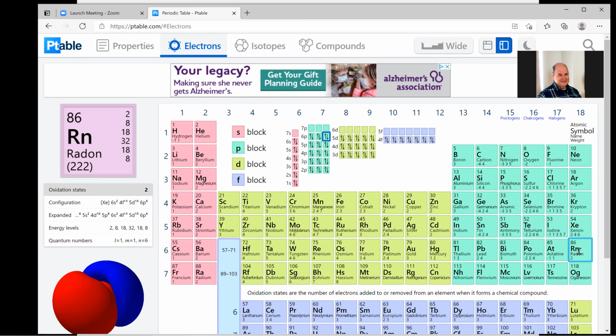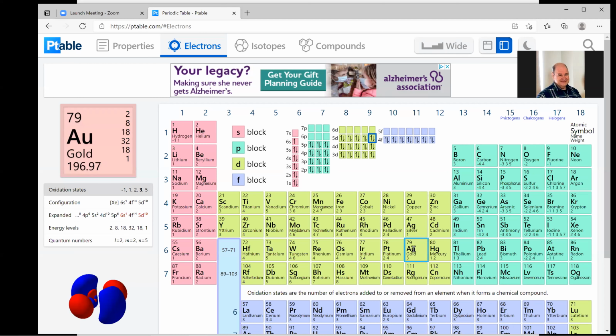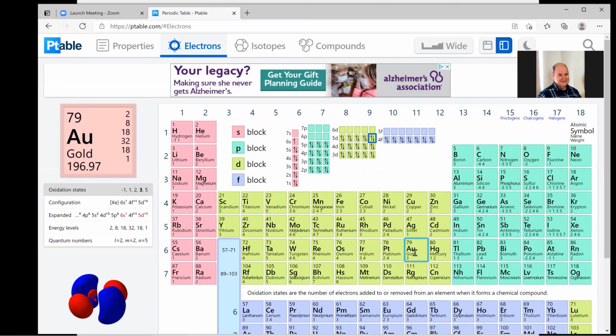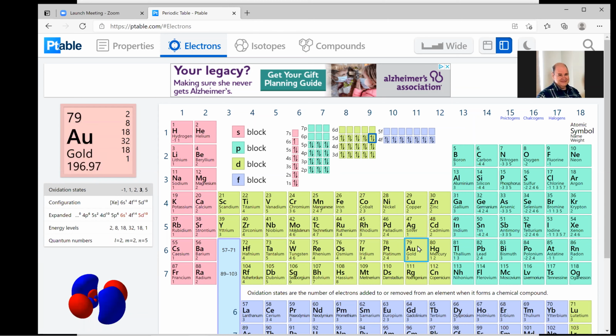One more just for fun. What are the three best conductors of electricity? Copper, silver, and gold. Look at the electron configurations. Look at copper. It has one electron sticking out there in the S. Silver has one electron sticking out there in the S. And gold has one electron sticking out there in the S. This is what makes these three elements special.